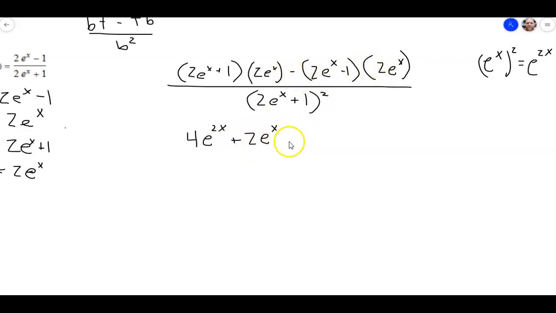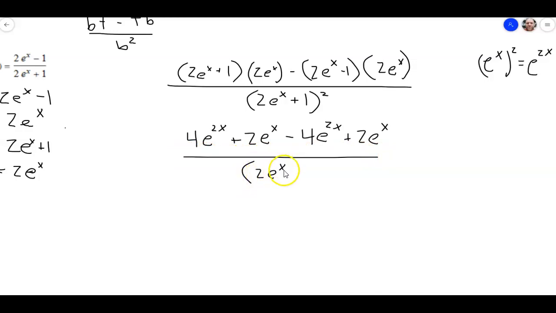And then here, we're going to have a minus 4e to the 2x, because that's 2e to the x times 2e to the x, which is 4e to the 2x, and then you're going to have a minus and a minus. That's going to be a plus 2e to the x, all over this thing here, 2e to the x plus 1 quantity squared.